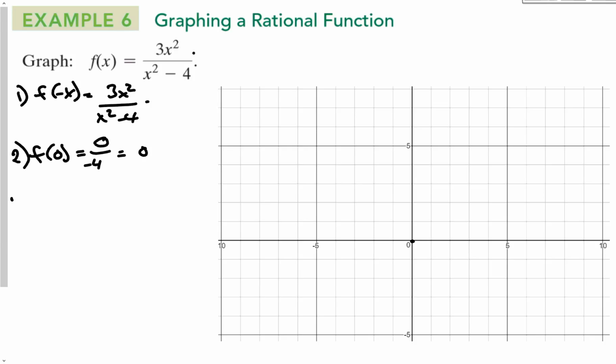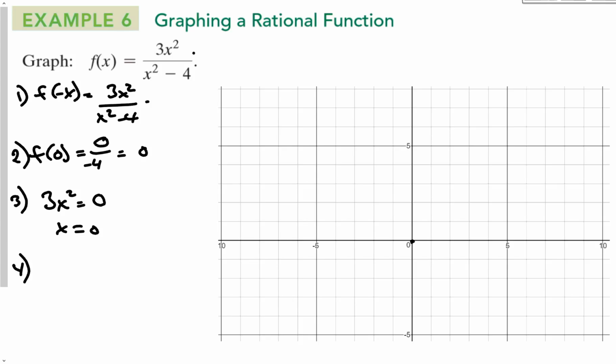Step 3, x-intercepts. So we're going to set the numerator equal to 0. I was thinking about asymptotes. Okay, we'll do that next. Divide out 3, we get x is equal to 0. Which is pretty clear right there since the graph passes through the origin.